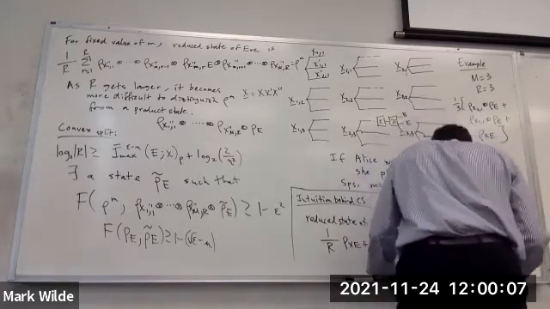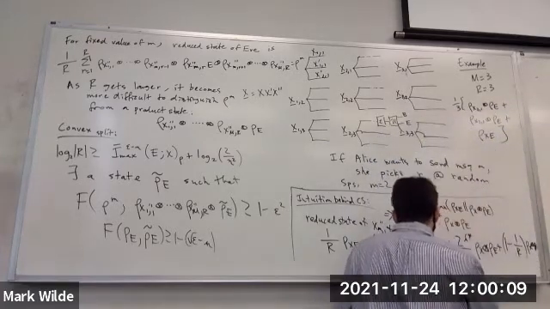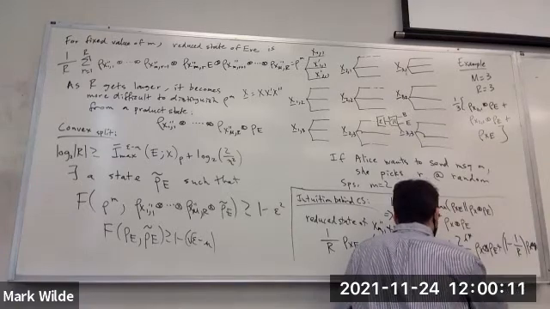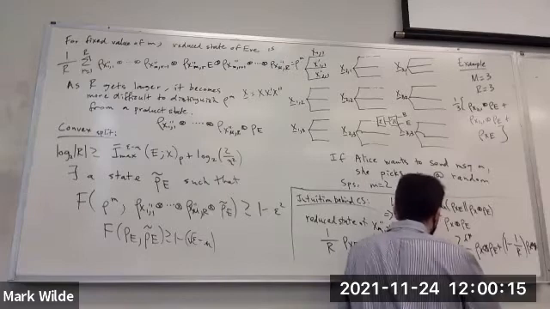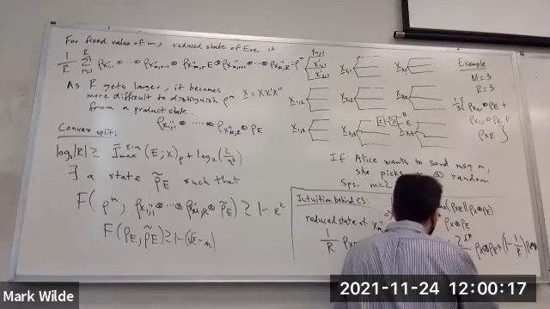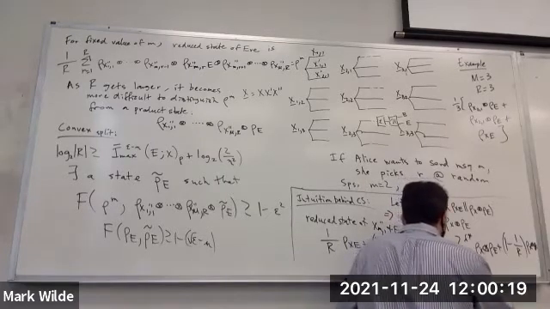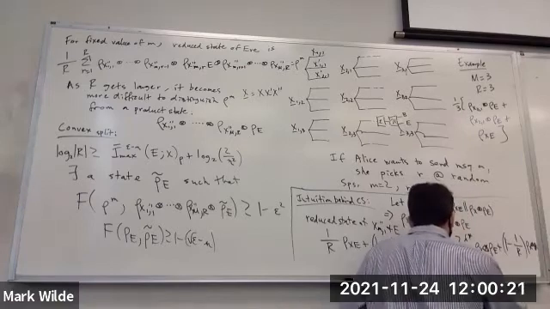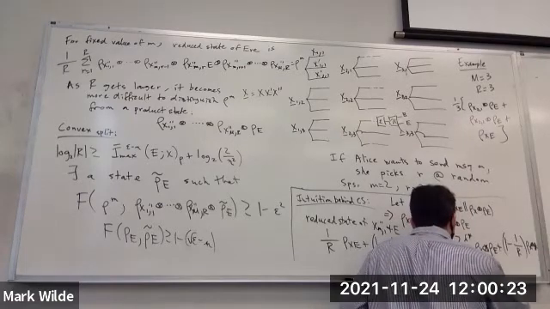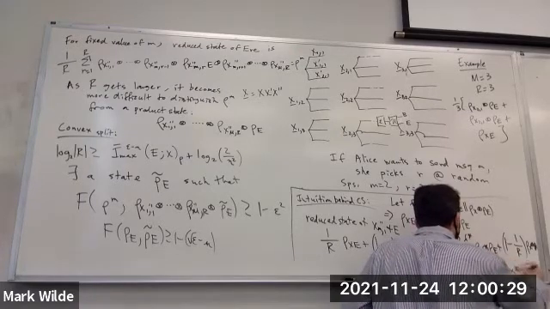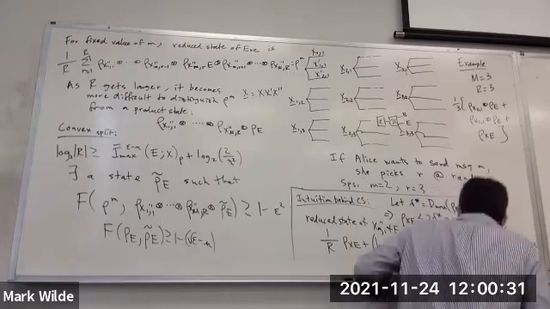And then when you rewrite it, you'll get 2 to the lambda star. Sorry, you get 1 plus 2 to the lambda star minus 1 over r, and then this product state. Okay.